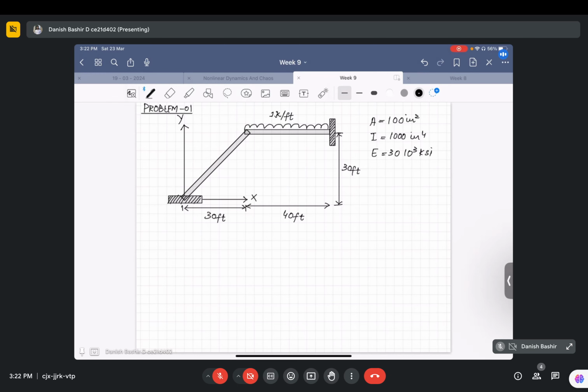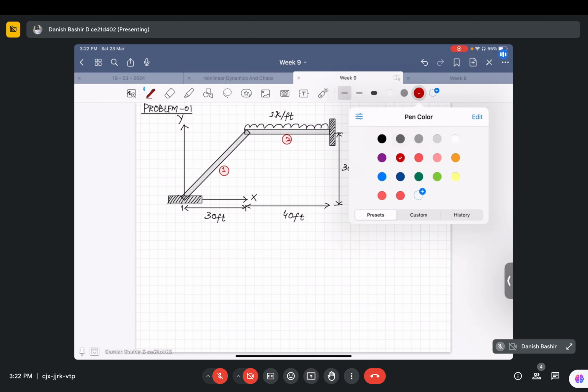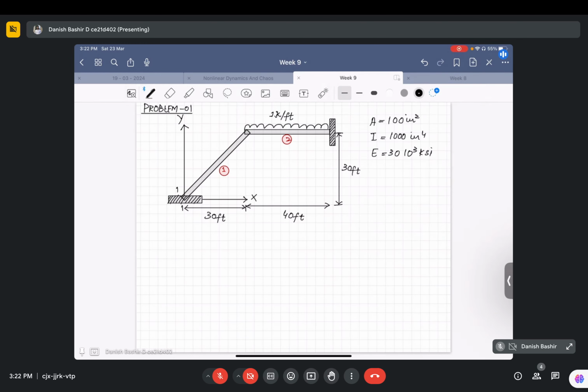So let us call this one element, and this the second element. And what are the nodes that will be there? This will be node 1, this will be node 2, and this will be node 3. So drawing the degrees of freedom, writing it in the nodal.